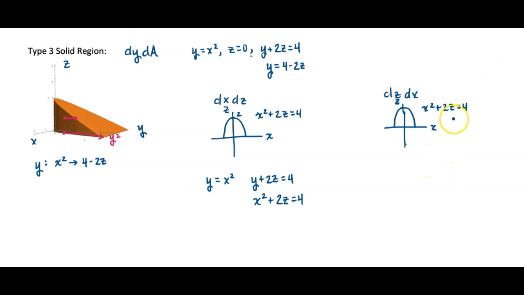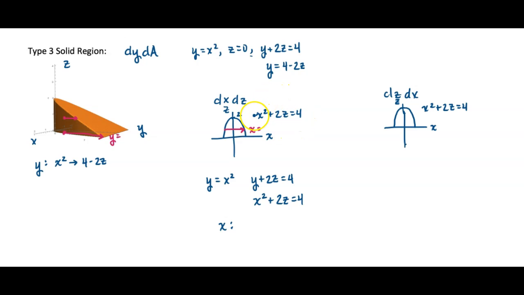In other words, we're going to write this two different ways when we find our x and z bounds. So let's start right here. We want dx dz, meaning I'm going to draw an arrow that is parallel to the x-axis, and I know these bounds are going to need to be in the form of x equals something. So my x bounds are going to be functions of z. Now, how can I describe this in terms of x?